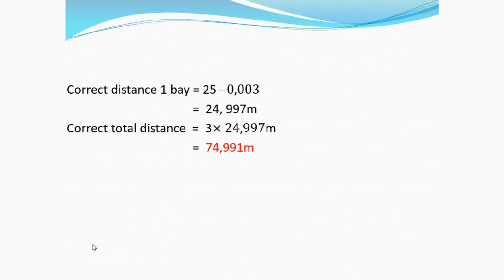First we need to find the correct distance for 1 bay. The correct distance for 1 bay is equal to, you take the length for 1 bay, which is 25, minus the correction, which is 0.003, which will give us 24.997 meters.